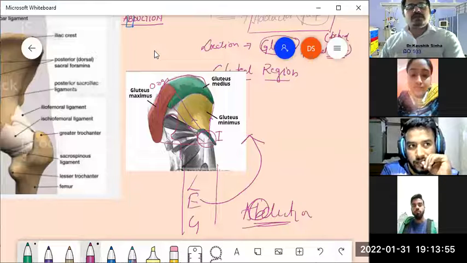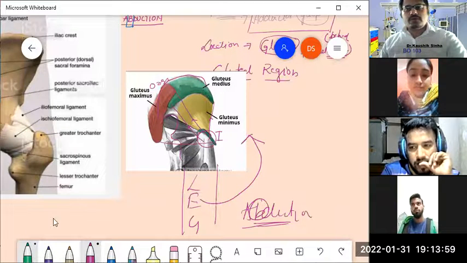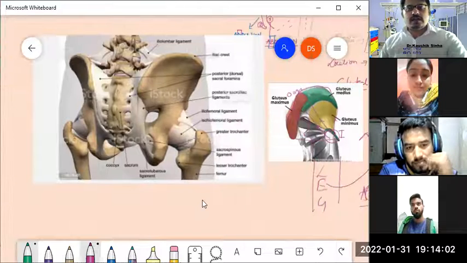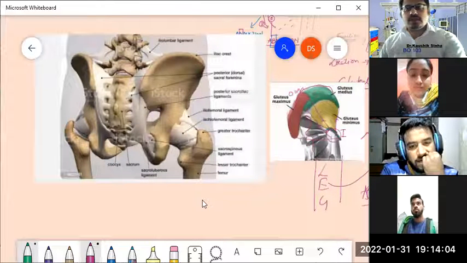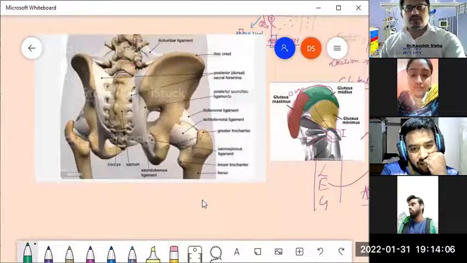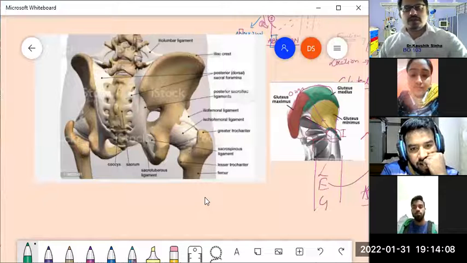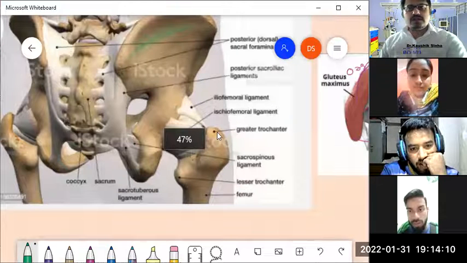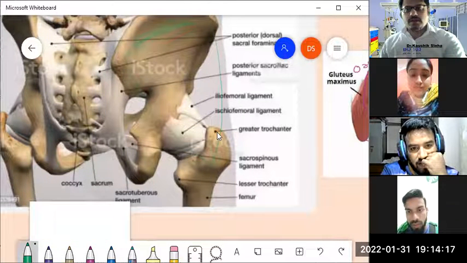Think and say whether you are getting this concept or not. If I show you this diagram again, suppose there is a muscle in the green color. So this is where I am labeling. This muscle has a direction something like this. Let me brighten my ink.